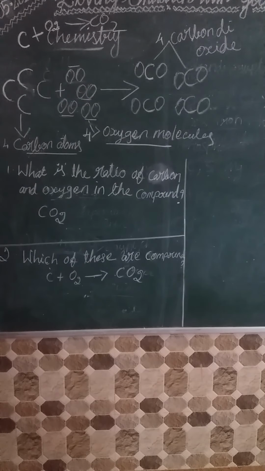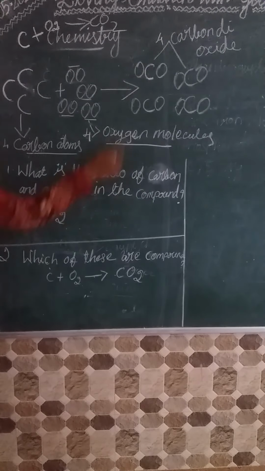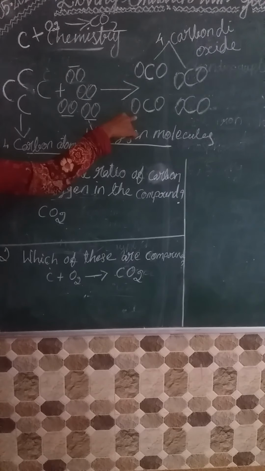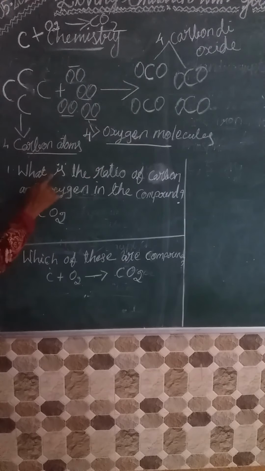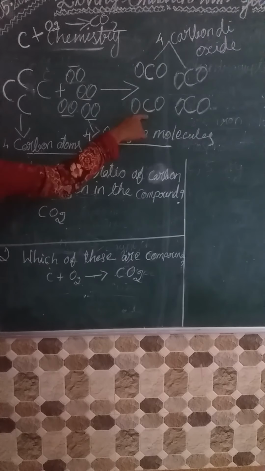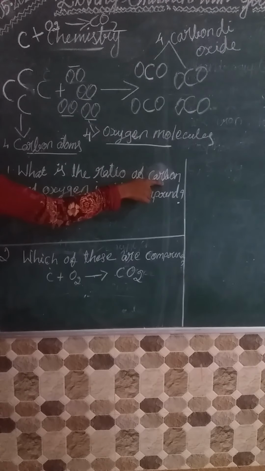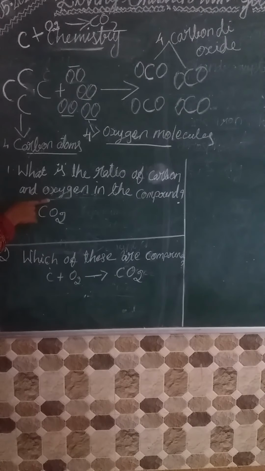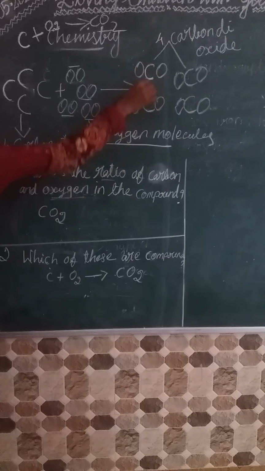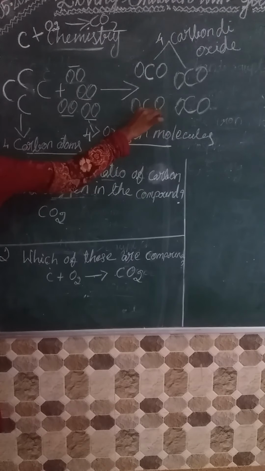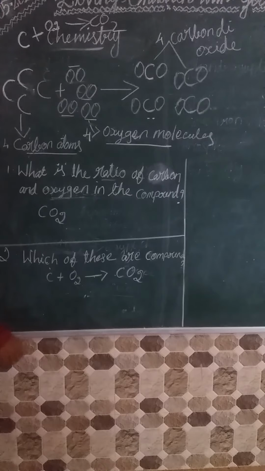So your first question: what is the ratio of carbon and oxygen in the compound? This is the compound. In this compound, how many carbon and how many oxygen are present? First we look at CO2.